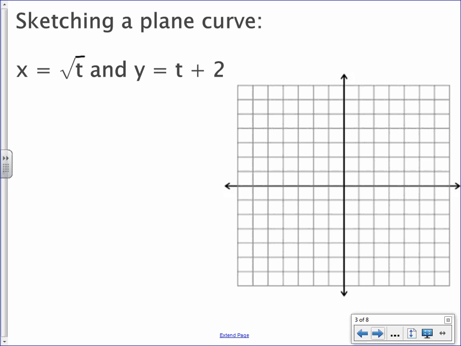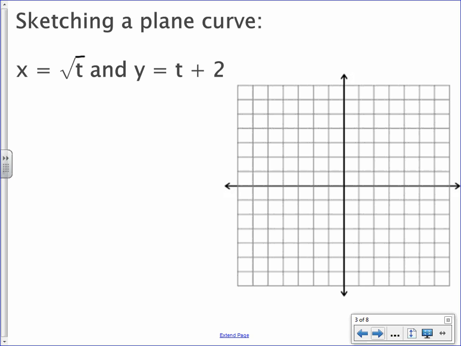There are no restrictions for t, so we have to figure that out. Sometimes there's not going to be any, sometimes there will be. So we need to look at the domain.